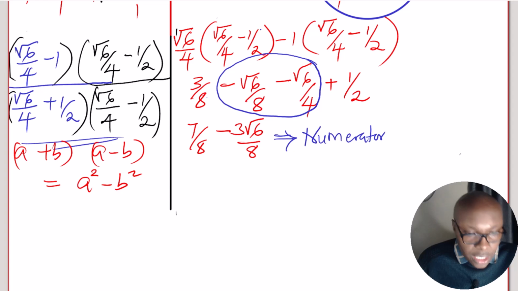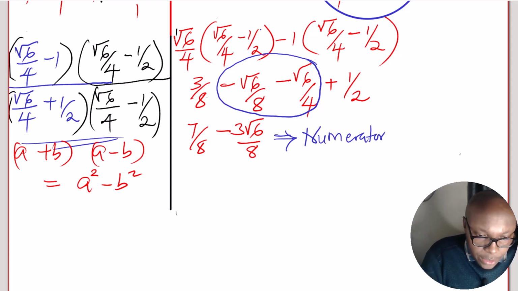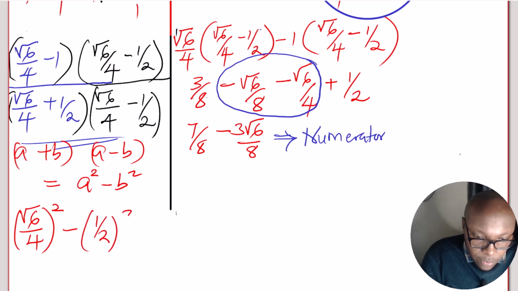In this case, take a to be root 6 divided by 4, take b to be a half. So the whole of the denominator, being a difference of two squares, will simplify to this: we square that, subtract a half squared, and this will be 6 divided by 16, that will be 3/8.